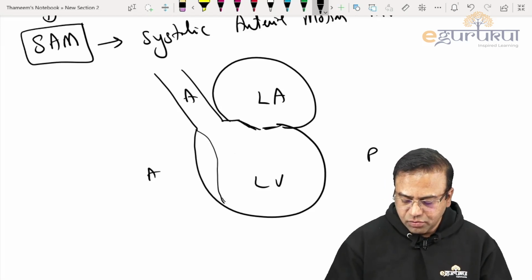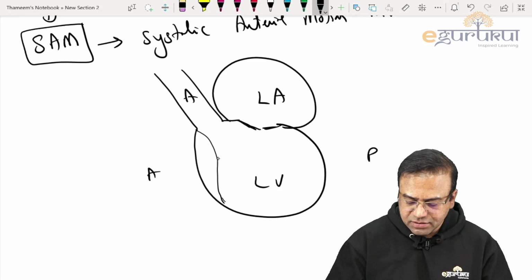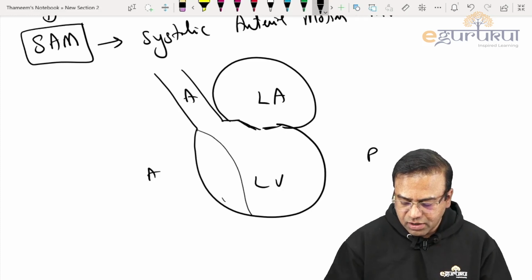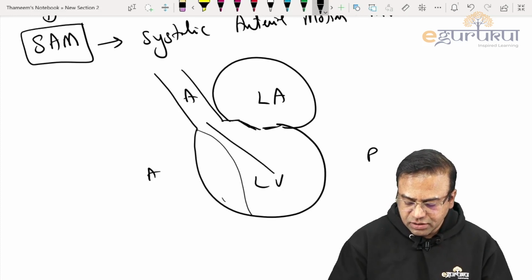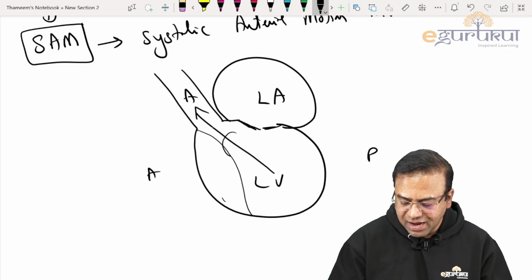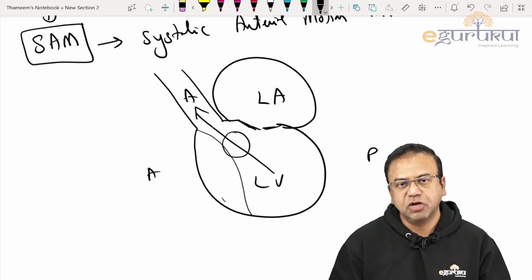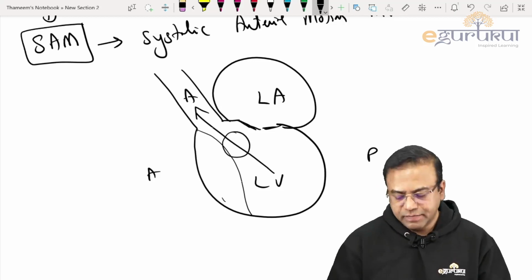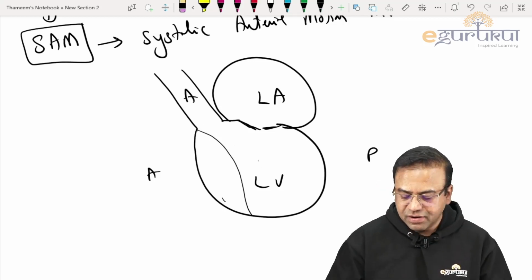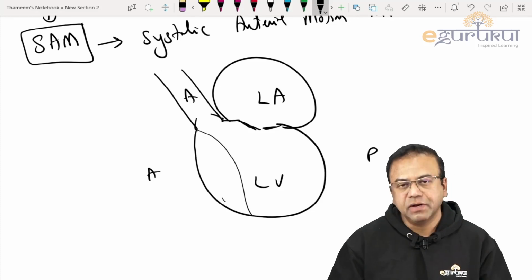And what this will do is, when the LV blood is getting passed out into the aorta because of the LV obstruction, a very high velocity is generated, and that high velocity creates a low pressure.